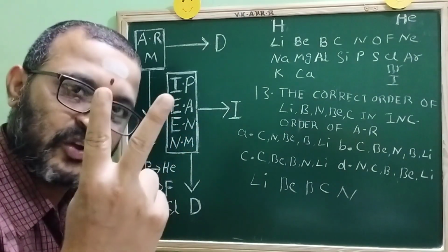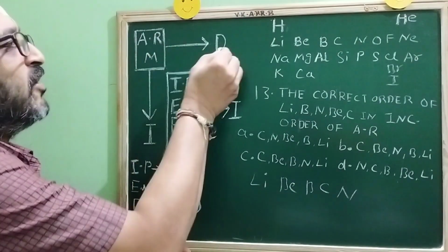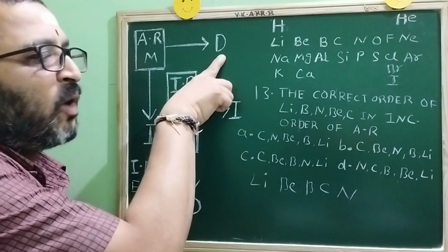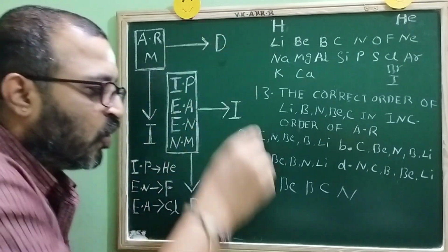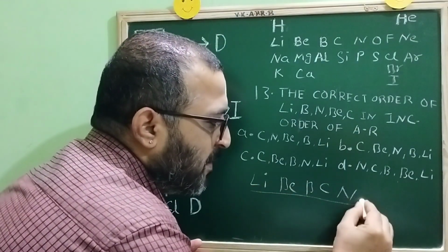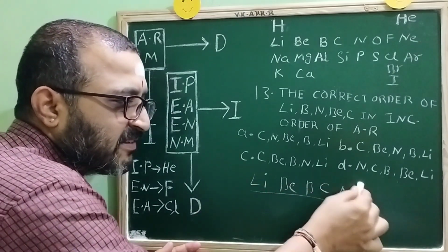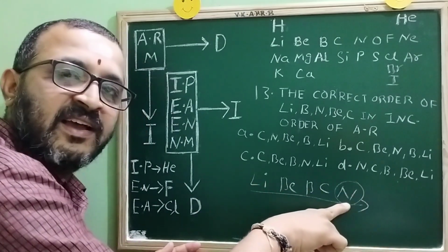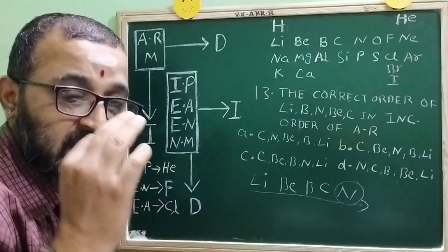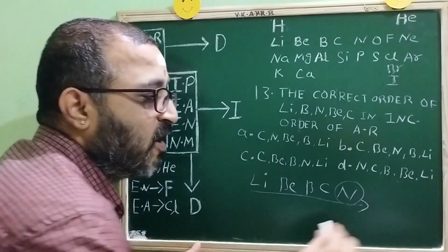It's period 2. Now, across the period, the atomic radius is going to what, children? Decrease. So, if it decreases, common sense says that out of all these elements, the smallest atom is nitrogen. But we have to arrange in the increasing order.